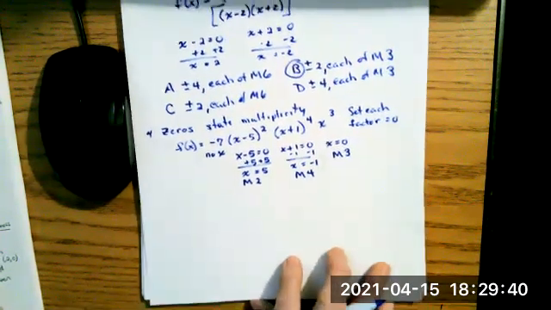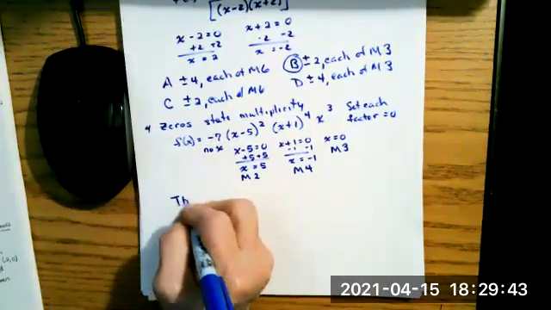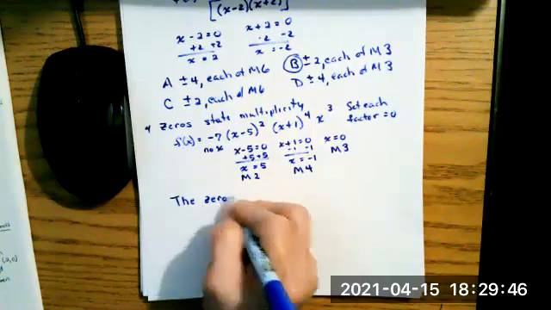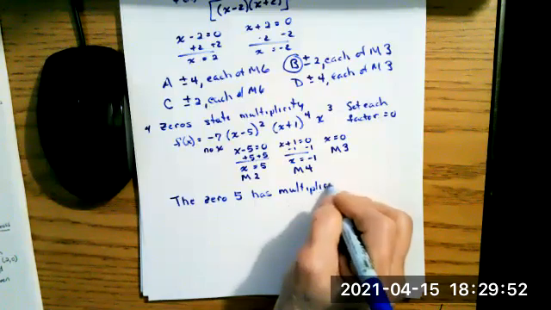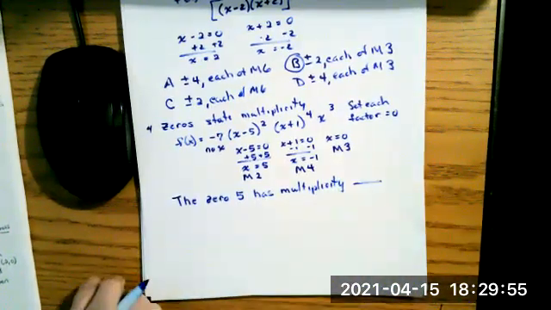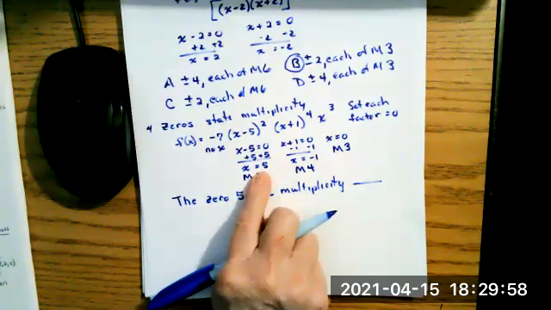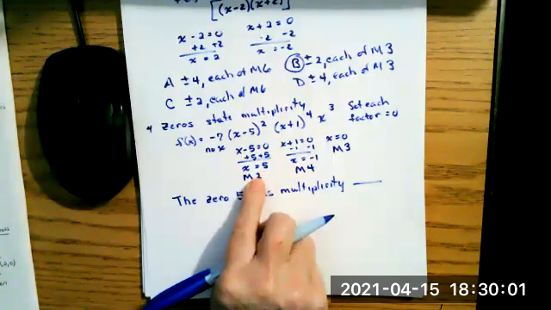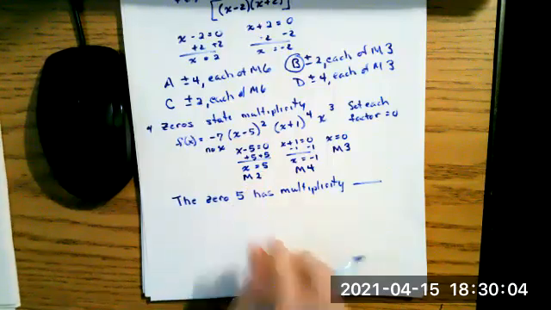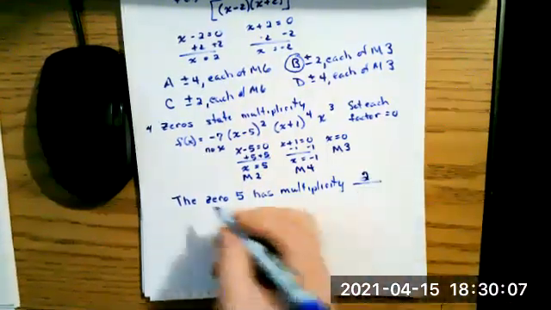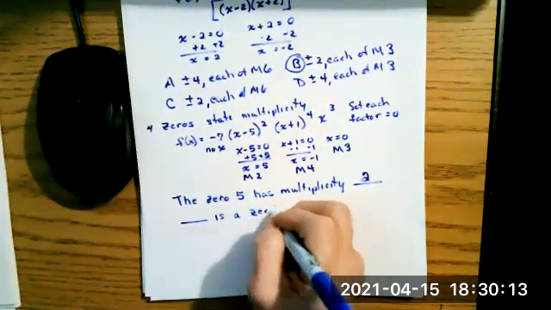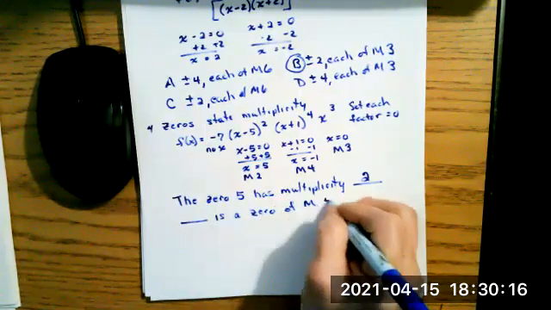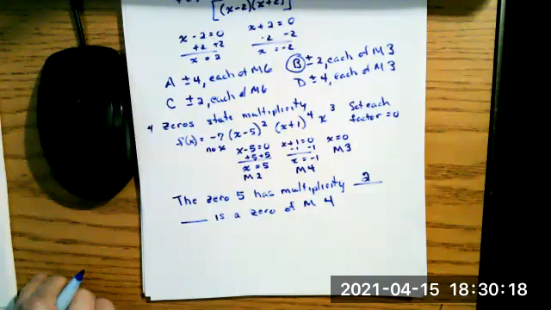So then, it's a little bit hard the way they do it, so I'm going to show you how they write it out. It says the 0, 5 has multiplicity blank. So we have to fill that in. So we do have a 5, that's our 0. What will we put in the blank? 2. Then it has a blank here that says, is a 0 of multiplicity 4? So what would I put there? -1.